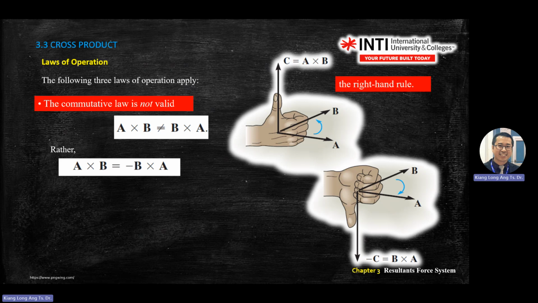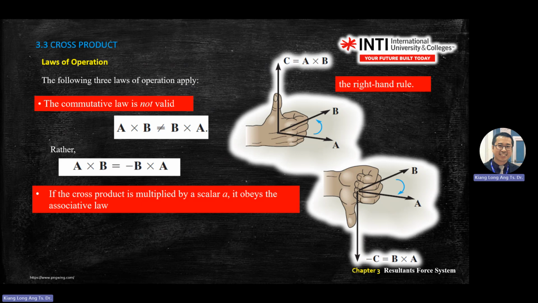It means this one flips to the other direction, and it is minus A cross B again. So it is negative. Anyway, you just put negative there.